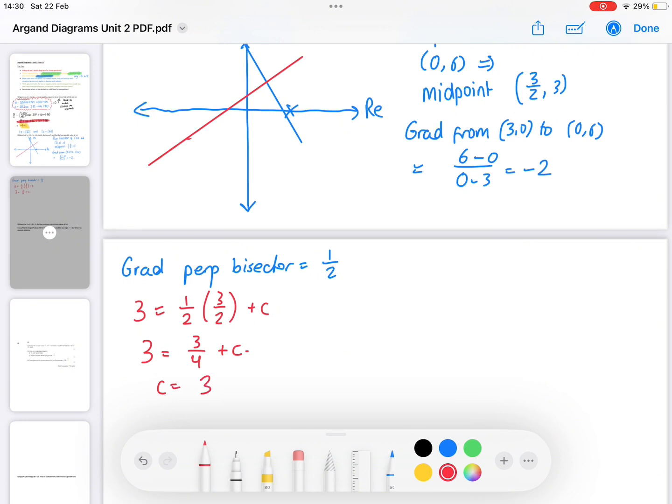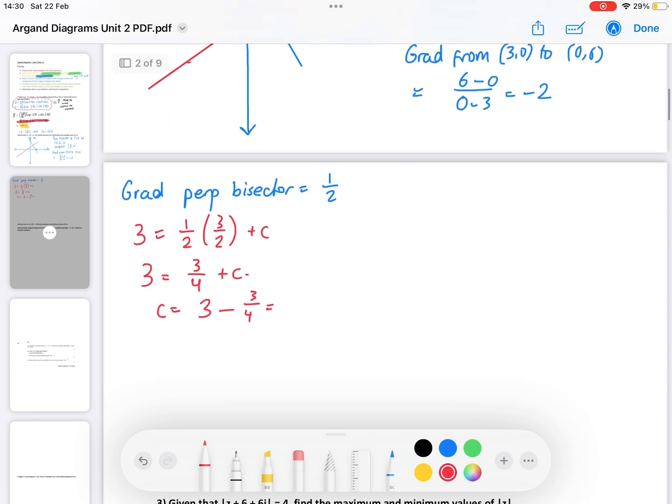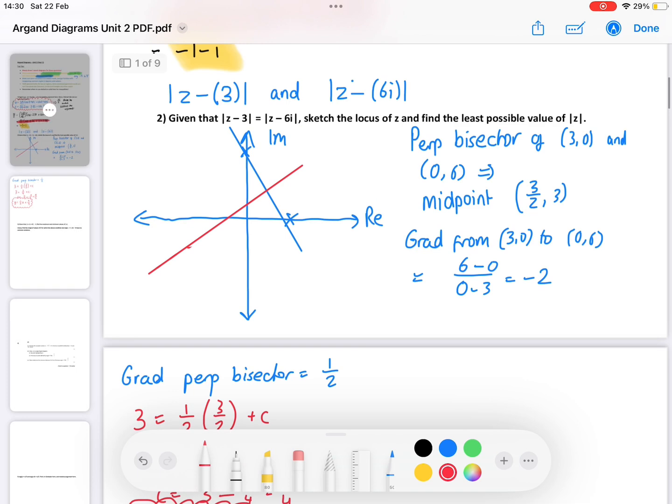And c is 3 minus 3/4, which is going to be 9/4. So that tells us that what we want is the line y equals 1/2 x plus 9 over 4. That's the perpendicular bisector. So that's the line that we need to sketch.